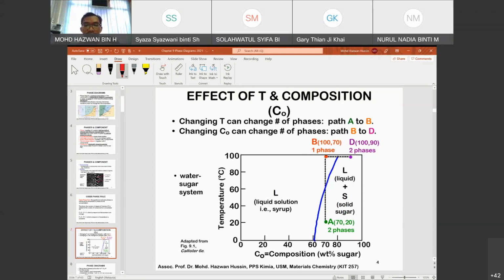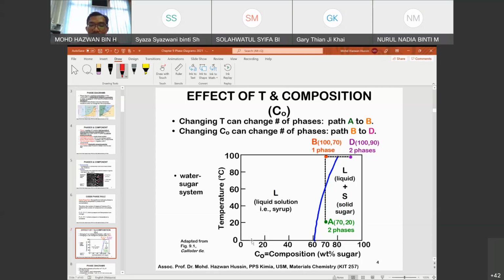Second point, changing the composition can change the number of phases too. For example, if you want to prepare a water-sugar system, the x-axis indicates the composition of sugar. 0 means no sugar.